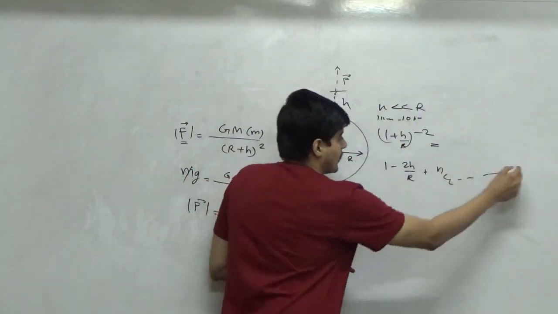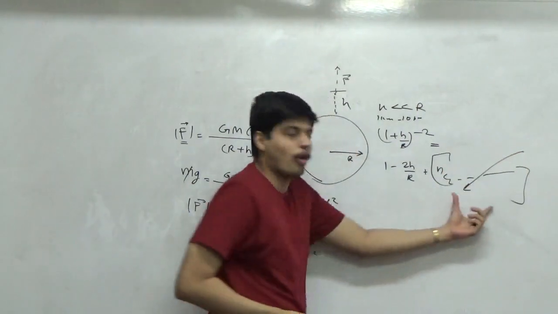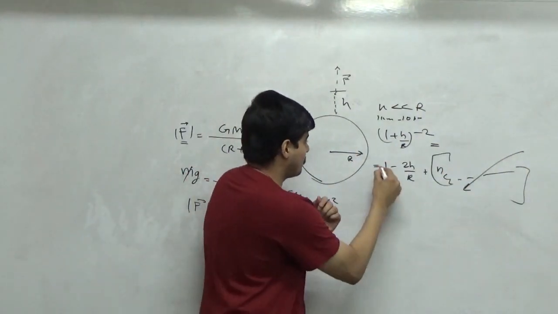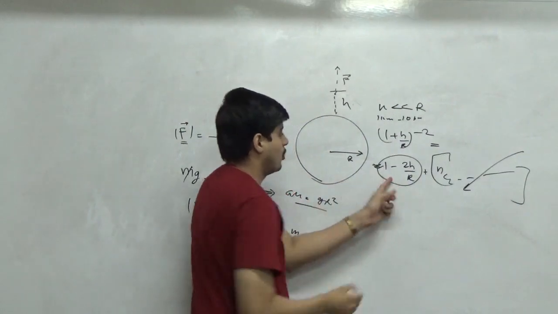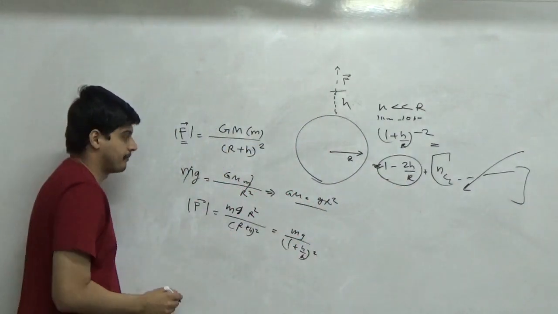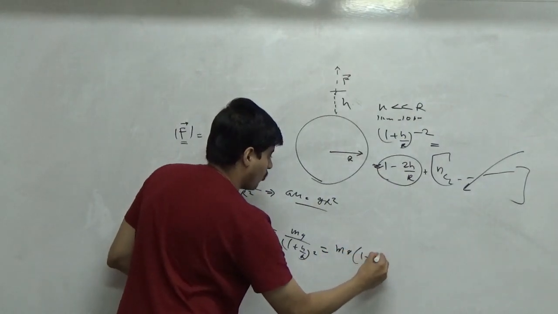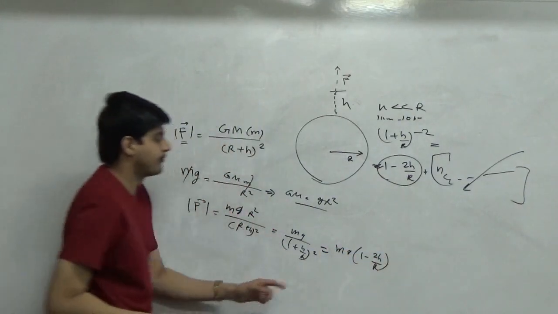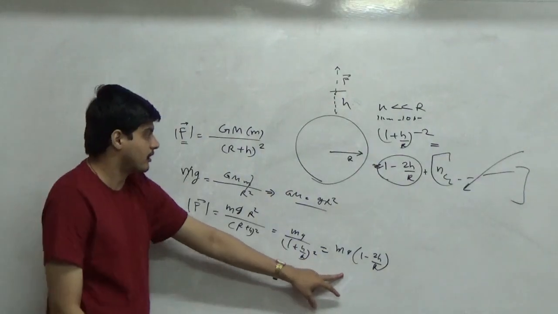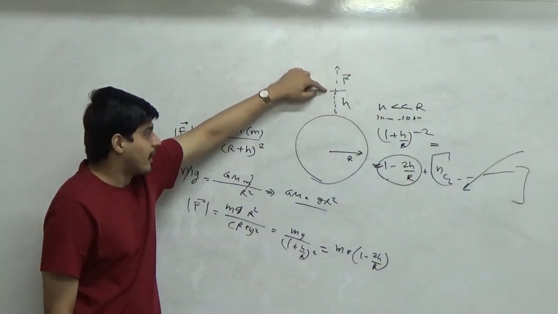So in the binomial expansion, I can truncate all of these terms and make it simply approximately 1 minus 2h upon r. Substituting it here, I get mg (1 minus 2h upon r). This is the simplified expression for an object at a height h.